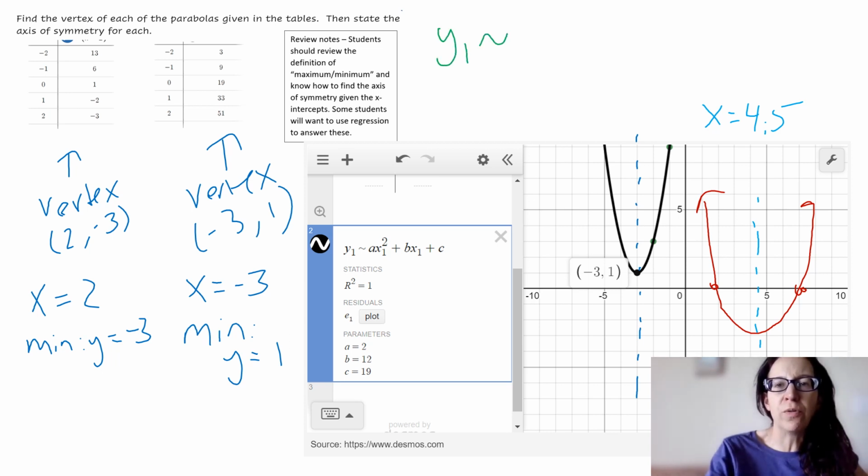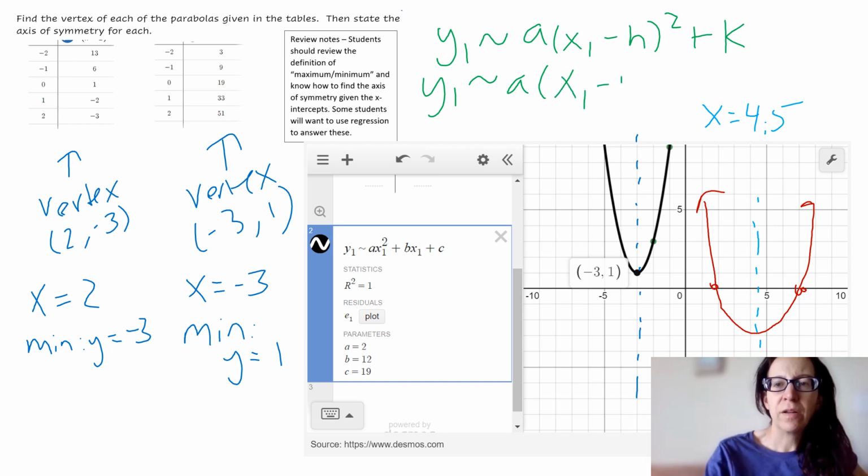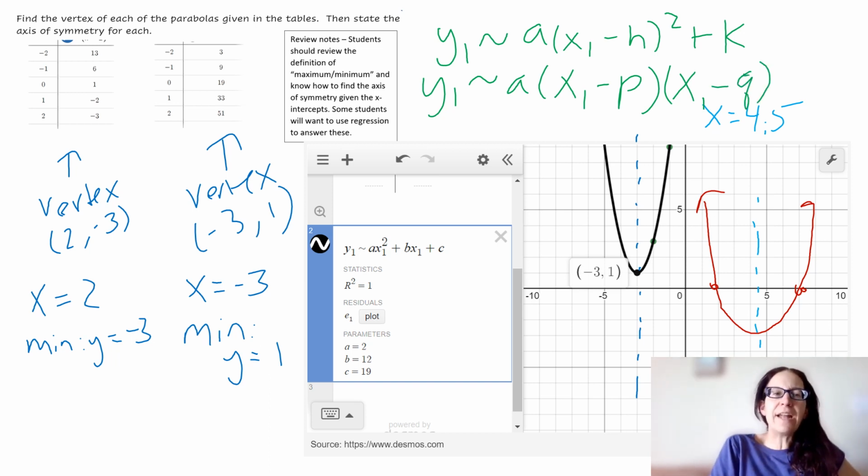So you could do this one, which would give you your regression in vertex form, or you could do your regression in factored form. So you could do it in the various forms. And hopefully that is familiar to you.